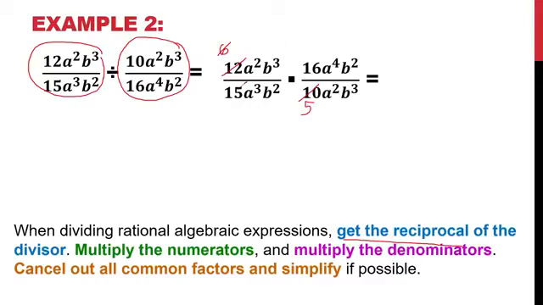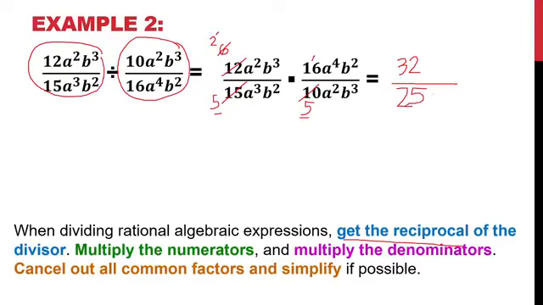Cancel. Cancel this also. So this becomes divided by 3. This becomes 2. And this becomes 5. So what is left here is 2 times 16, that's 32. Over 5 times 5 is 25.